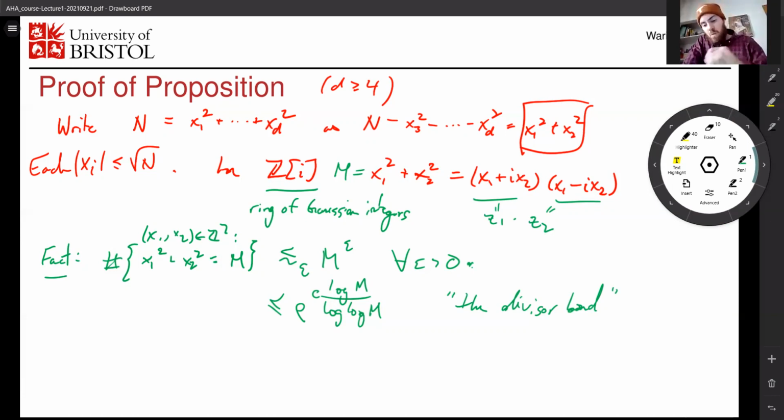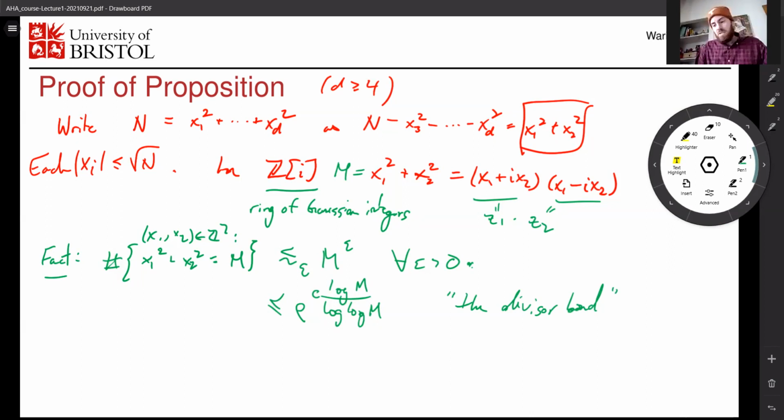But once I know any given z1 and z2, it turns out that z1 plus z2 is twice x1, whereas z1 minus z2 is 2 times i times x2. And so knowing the pair z1, z2 is in bijection with the pair x1, x2. Okay, so that means there are at most m to the epsilon choices of x1 and x2.